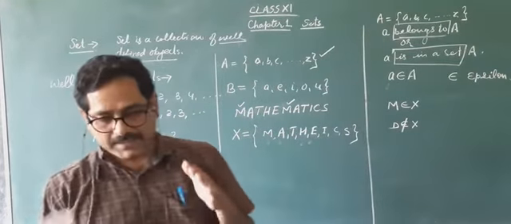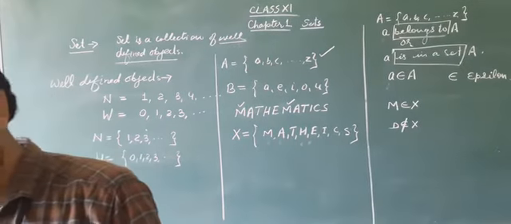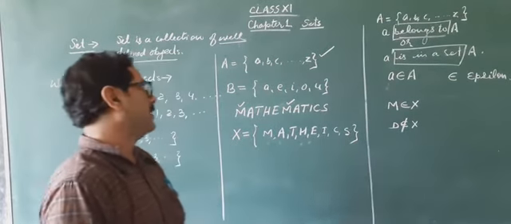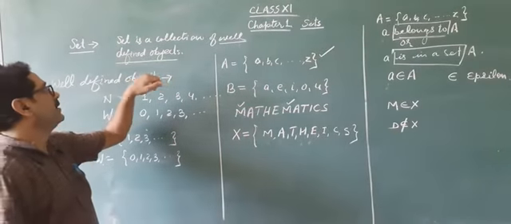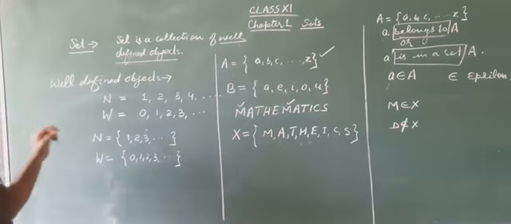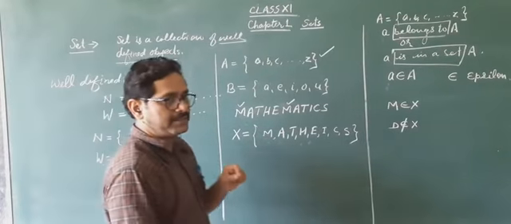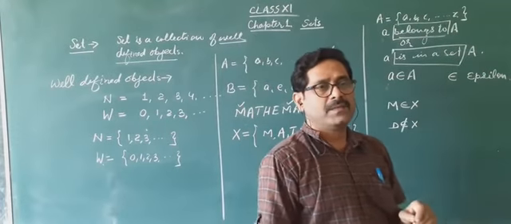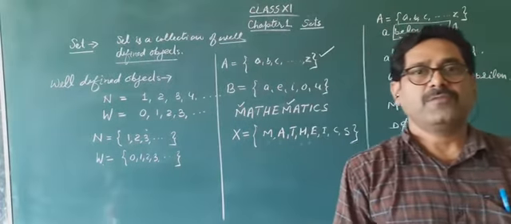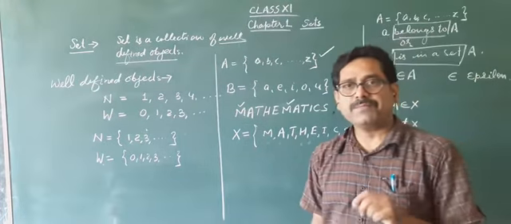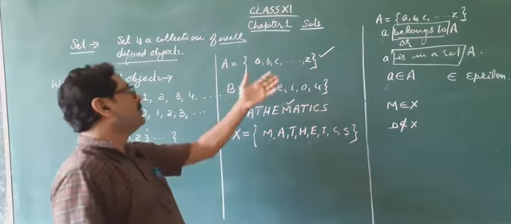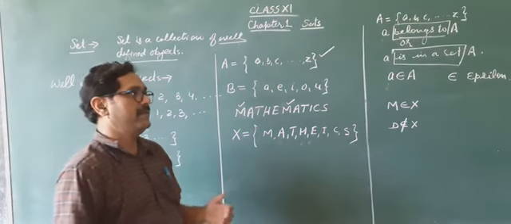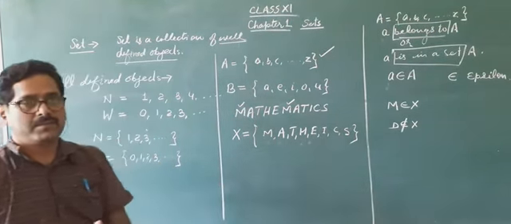So this is the set. Again, to repeat: a set is a collection of well-defined objects. Here, well-defined objects means objects which have the same property, whether numbers, alphabets or other objects.